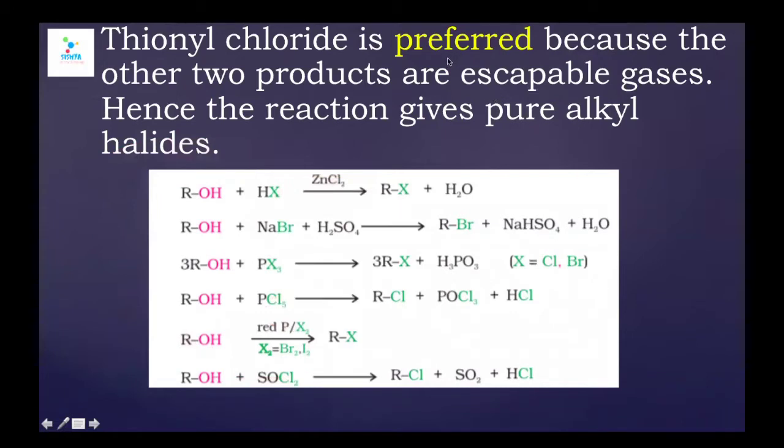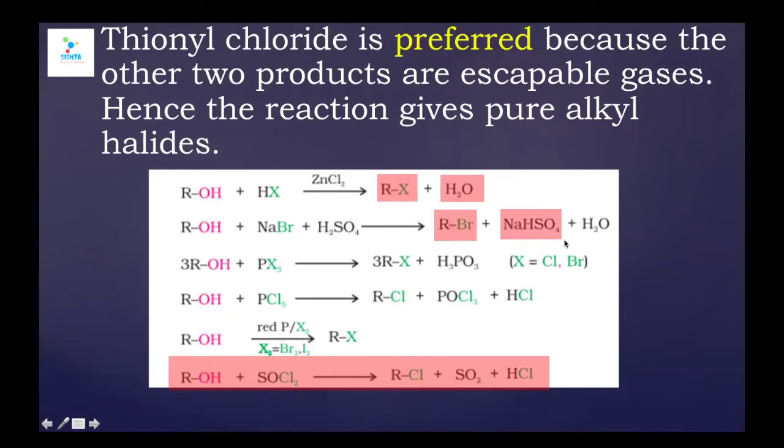The one reaction most useful for preparing alkyl halide from alcohol is the last one, that is, with thionyl chloride. Now your question is why? This is because the other reactions lead to 2 products, or even 3 products in the first one, and in the third and fourth also 2 or more products are obtained.